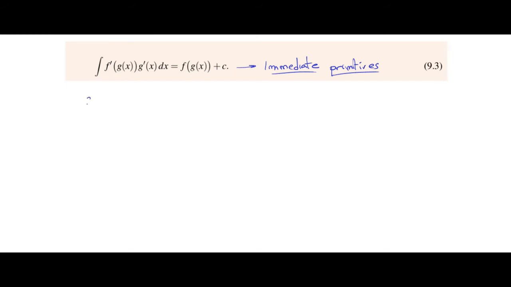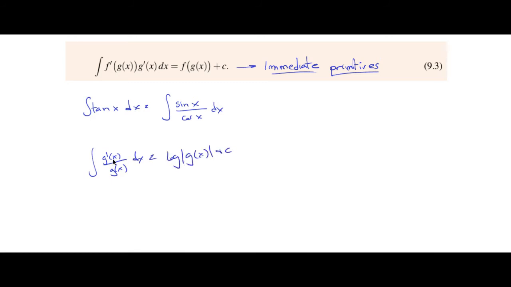So for instance, we have the primitive of the tangent. And don't say it's 1 over the cosine squared or something like that. For the primitive of the tangent, what we have to realize is that this is the sine divided by the cosine. Remember that we have just said that a primitive of this form is the logarithm of the absolute value of g, plus c.